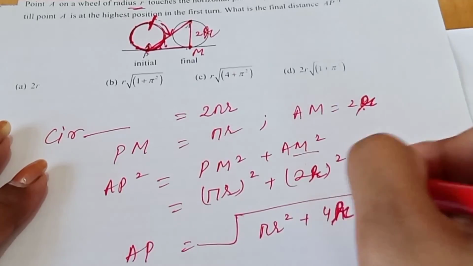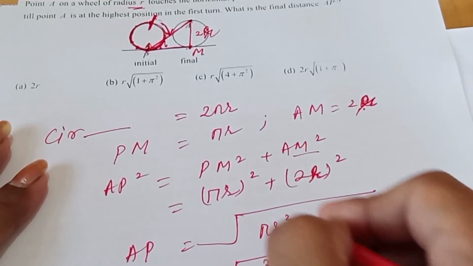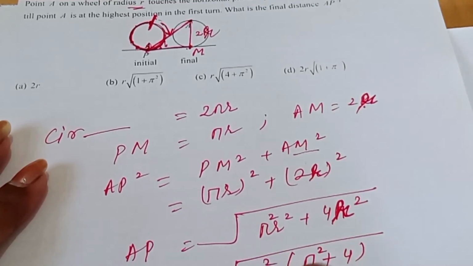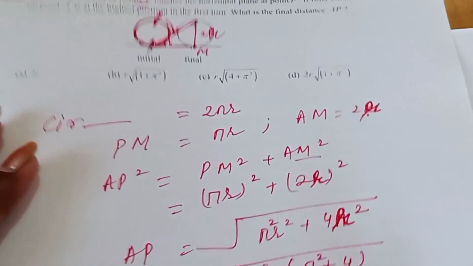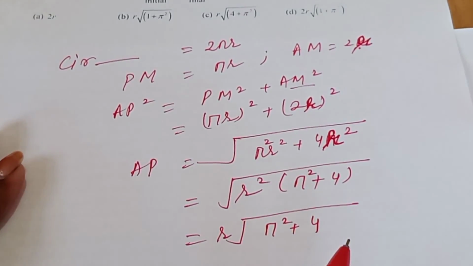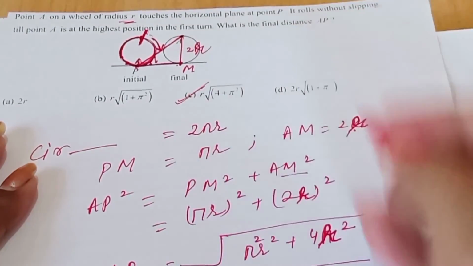We can take r square common, pi square plus 4, and we will get r times the square root of pi square plus 4. Let us see if any option matches this one. We can clearly see that option C matches and C is the correct answer.